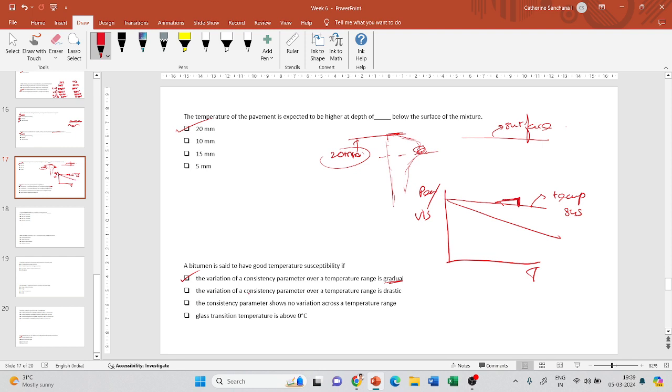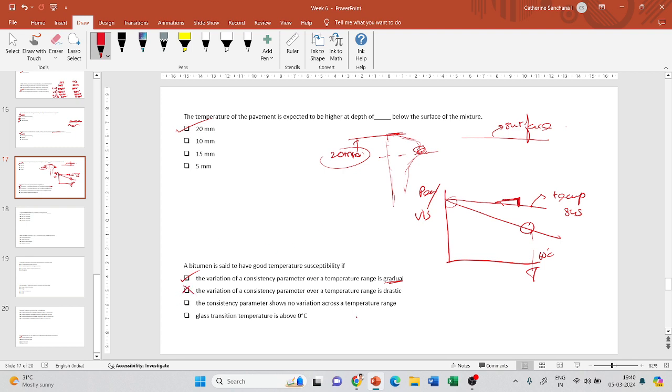Yes, the variation of the consistency parameter over a temperature range is drastic. What does this mean? It means that if it is a stiff bitumen, if my criteria is satisfied at 60 degrees Celsius, say that my bitumen is stiff, then it will be even stiffer at 25 degrees Celsius, which is not what I want. So in that case, this is not ideal.